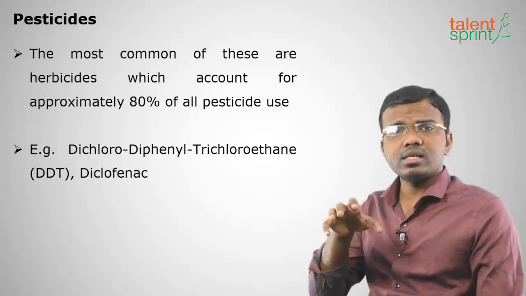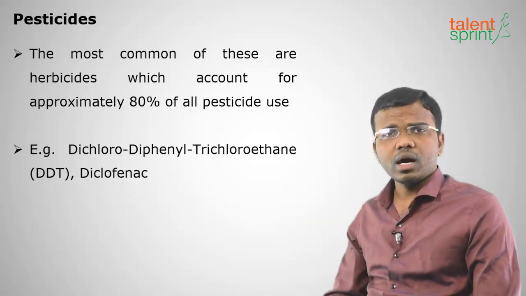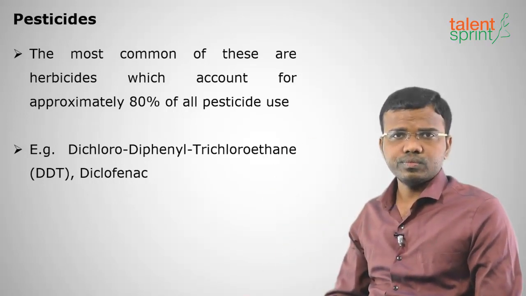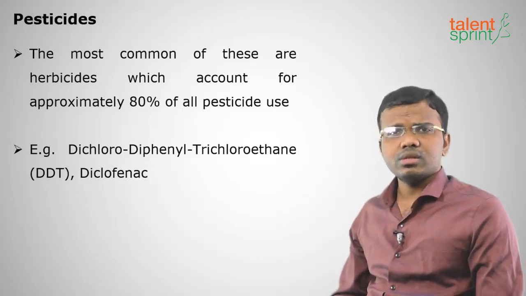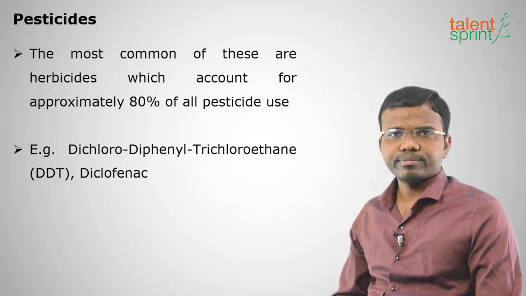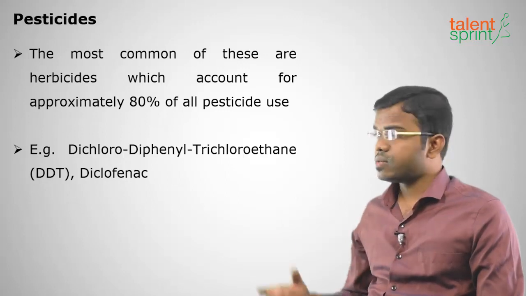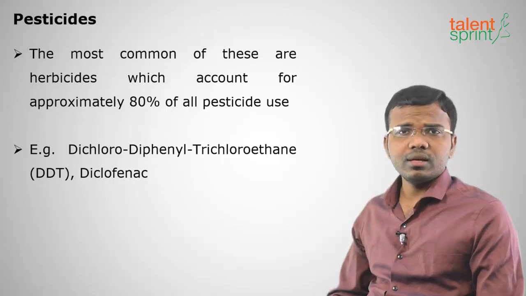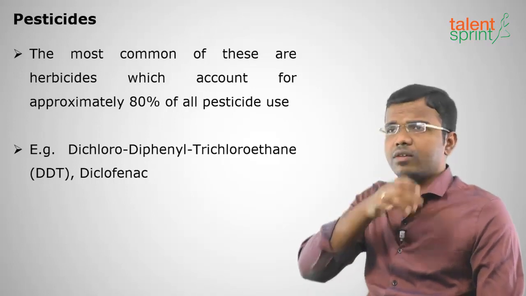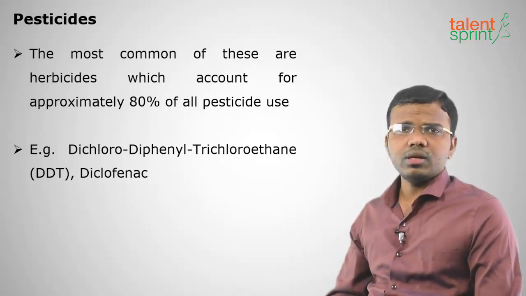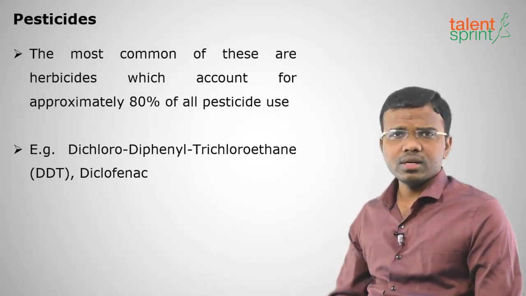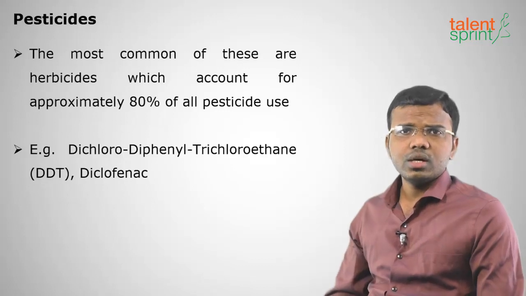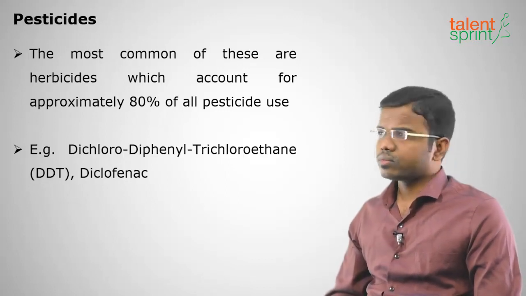So these pesticides will harm other animals also. That's why pesticides should be used in a very conservative manner. If you want to use a pesticide, we can go for the organic ones. If you practice organic farming and your farm is healthy, there is no need to use pesticides at all.